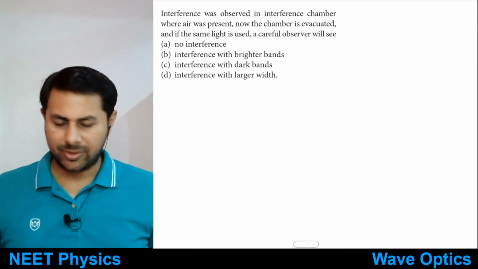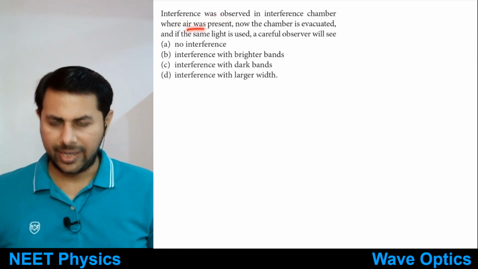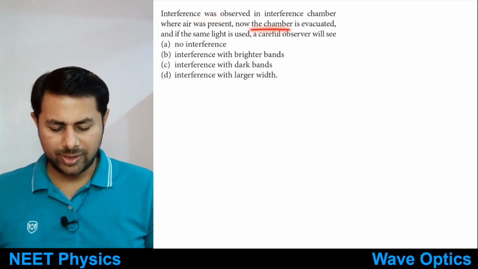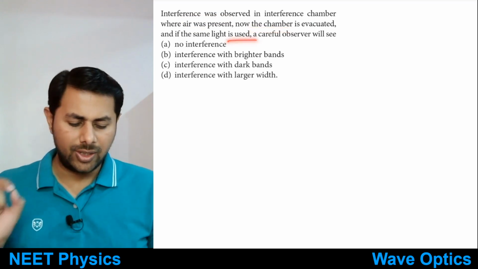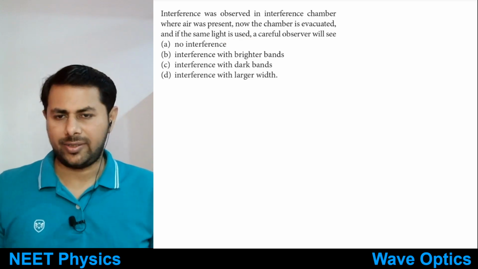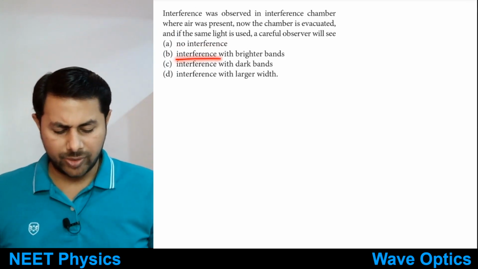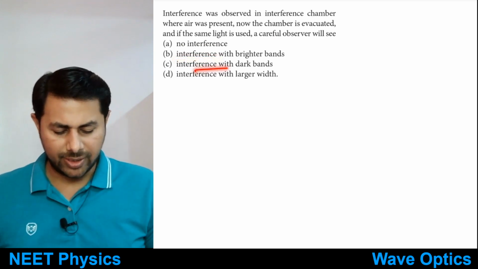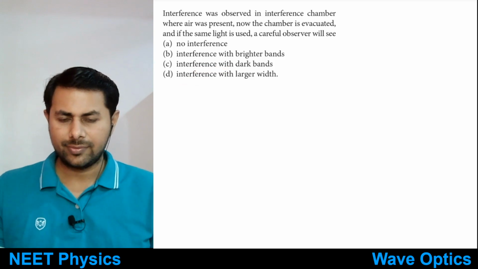Okay, let's see the next one. Interference was observed in the interference chamber where the air was present. Now the chamber is evacuated. If the same light is used, a careful observer will see. Tell me: no interference, interference with brighter bands, interference with dark bands, or interference with larger width? Tell me.